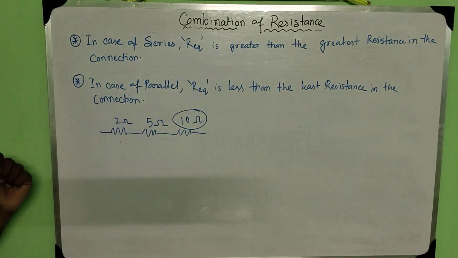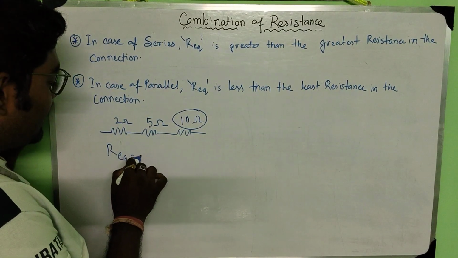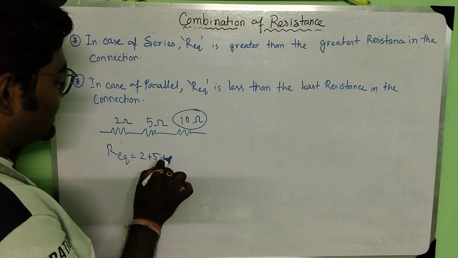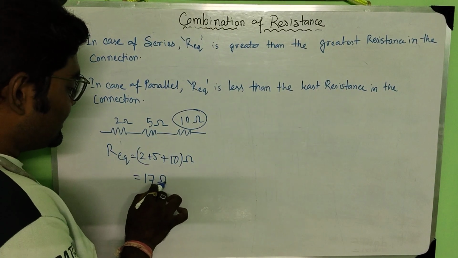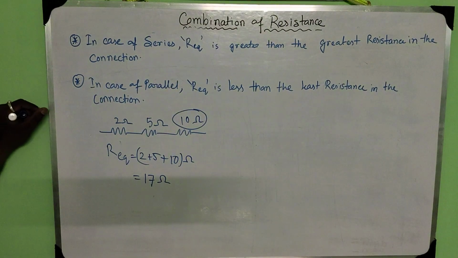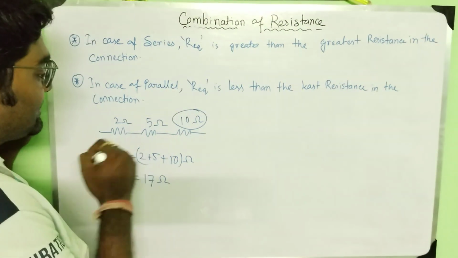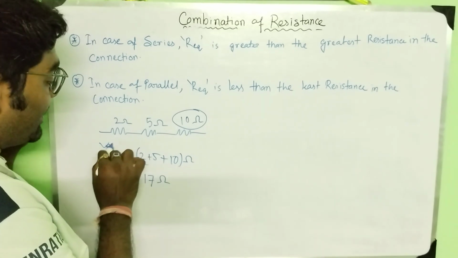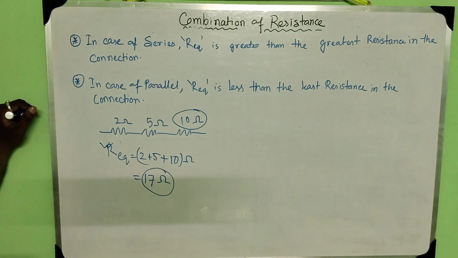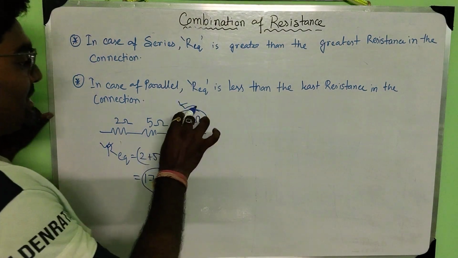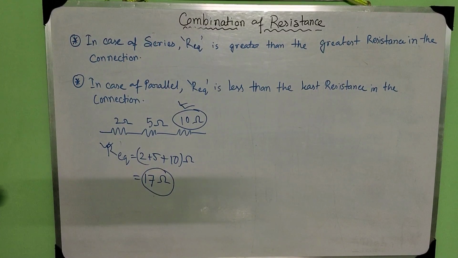And what will be the equivalent resistance? It is 2 plus 5 plus 10, that means 17 ohm. So in case of series combination, R equivalent is greater than the greatest resistance.